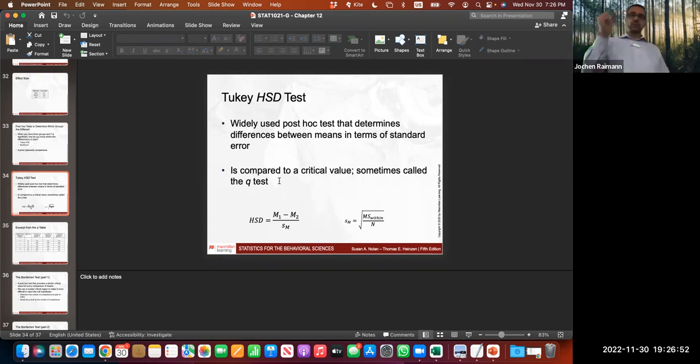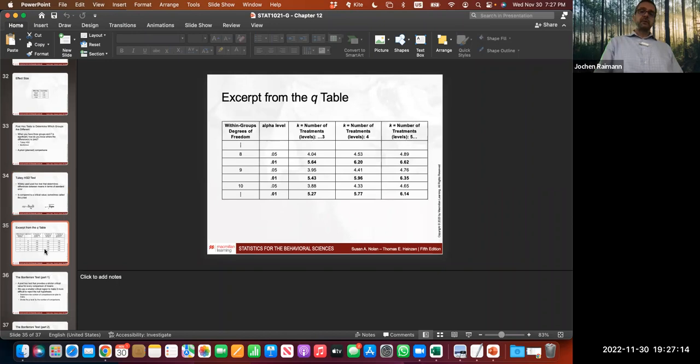So you calculate group 1 mean minus group 2 mean, and you divide it by the standard error of the mean. That's basically the MS within, which is your variance within, divided by your n, square rooted. That gets you to your honest significant difference Q, and you interpret that comparison as being significantly different if your Q exceeds a critical value on the Q table.